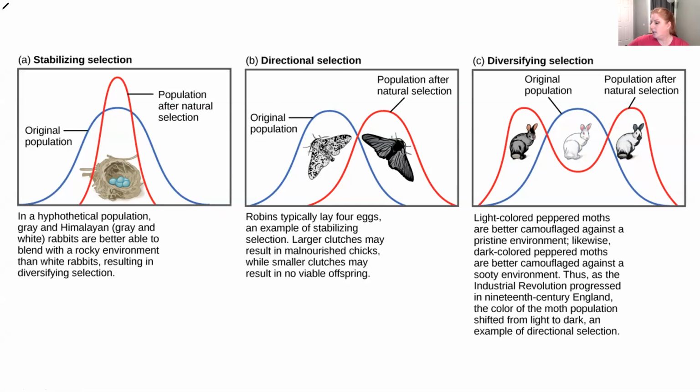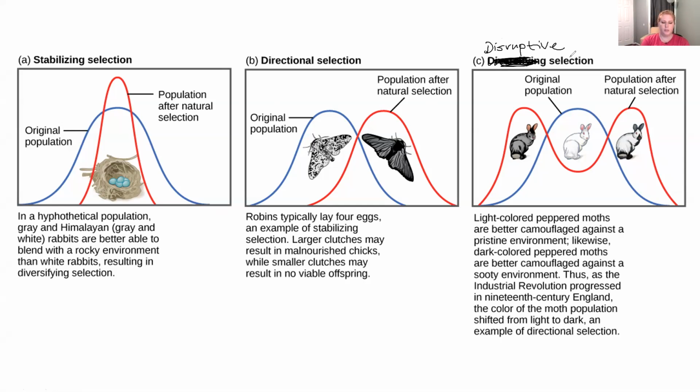Stabilizing selection, directional selection, and then our text actually refers to this as disruptive instead of diversifying. Disruptive selection. Okay.